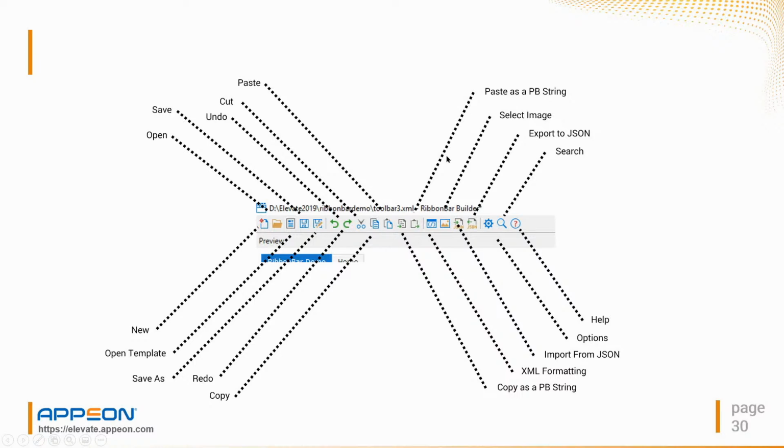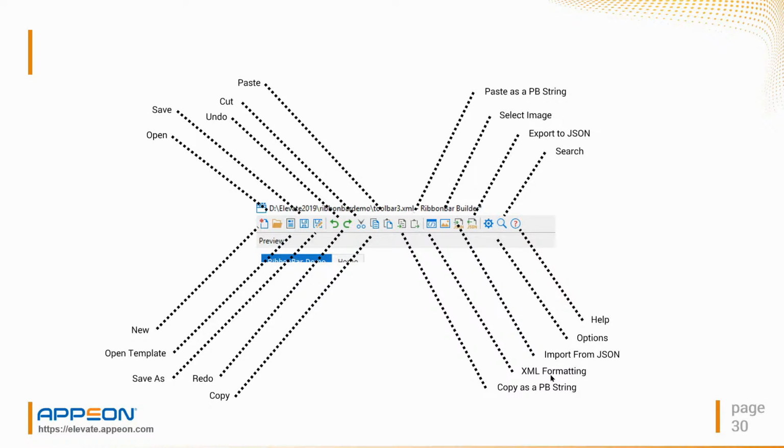And if you wanted to edit that text later, you would copy it out of the window event or function wherever it's at, and use the paste as PB string to put it back into the editor, back in the XML or JSON format, so you can modify it.